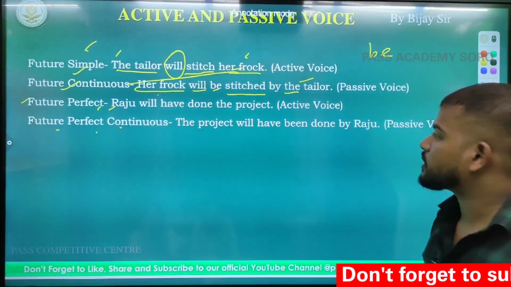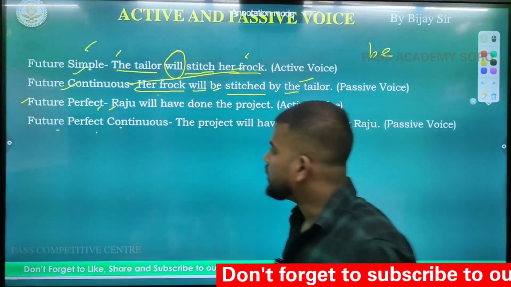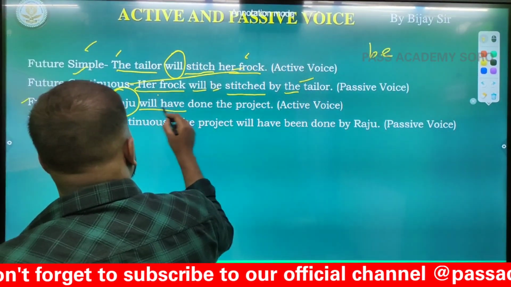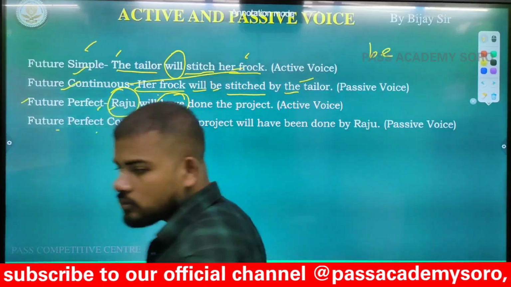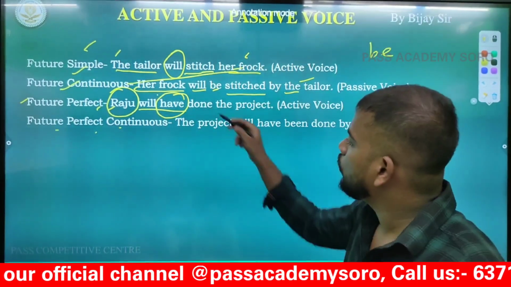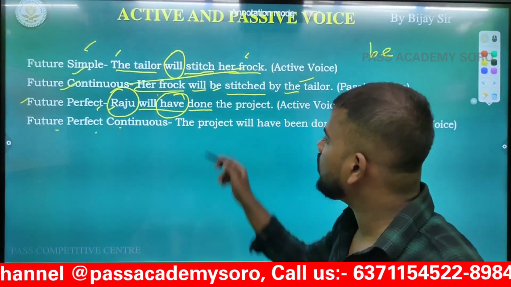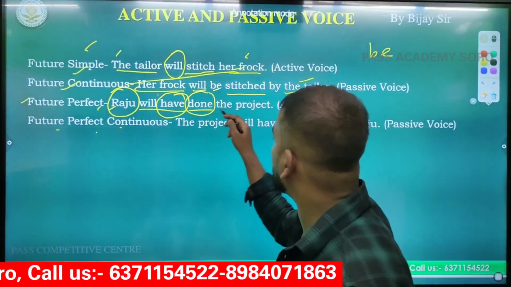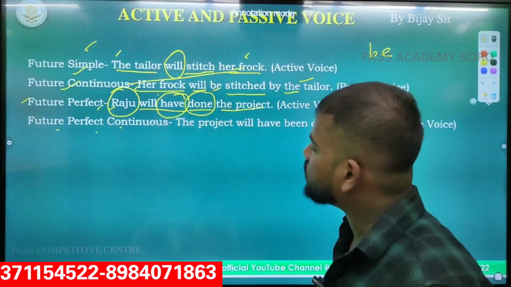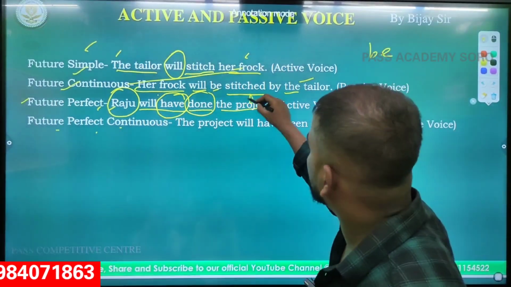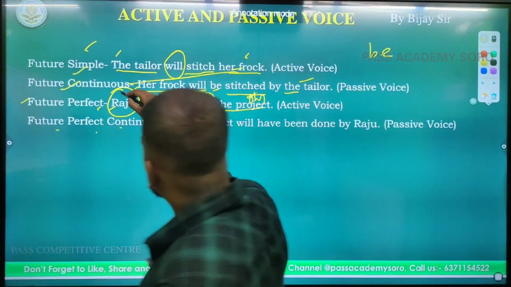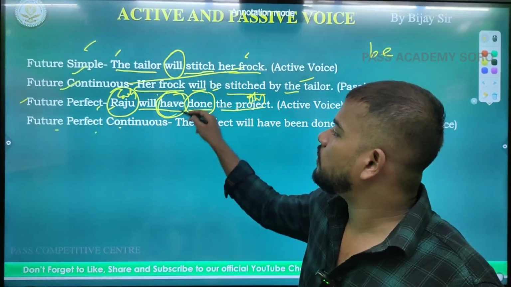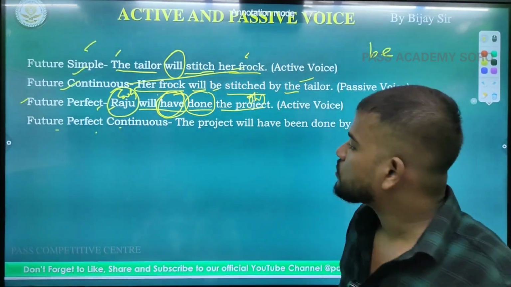Raju will have done the project. Here Raju is the subject. Will have is used for perfect tense. Done is the third form of do, the third form of the main verb. Here the project is the object, dear students, and Raju is the subject.